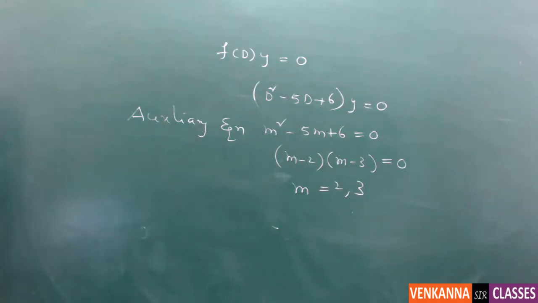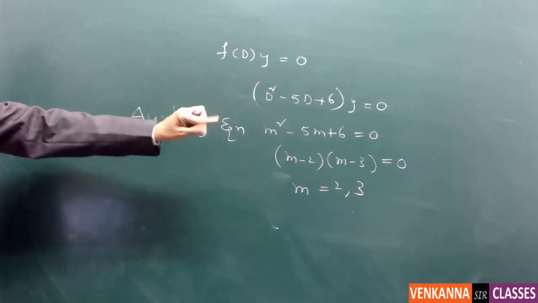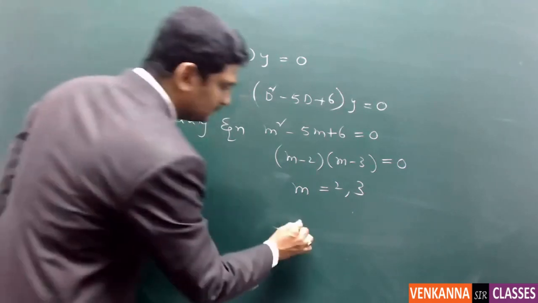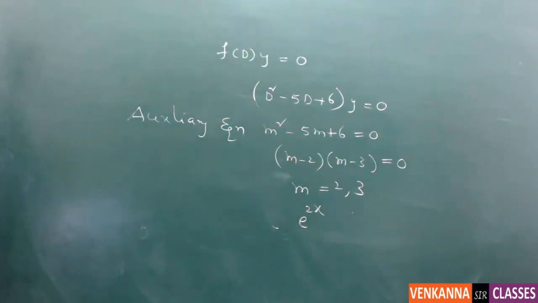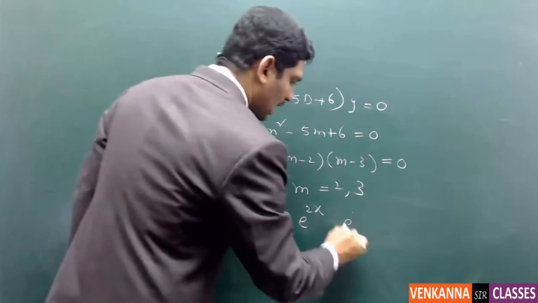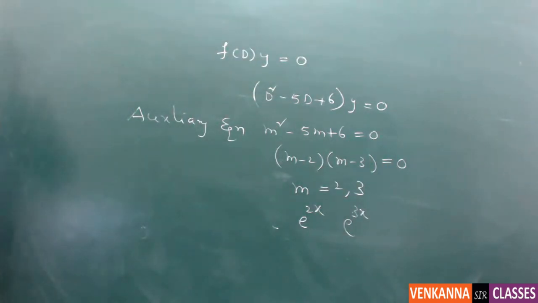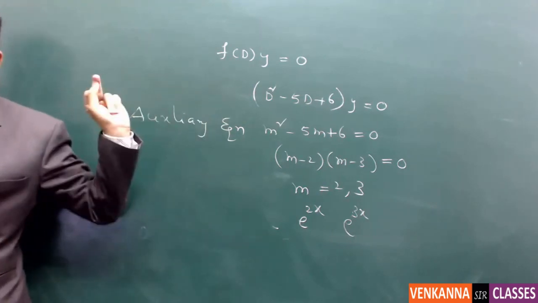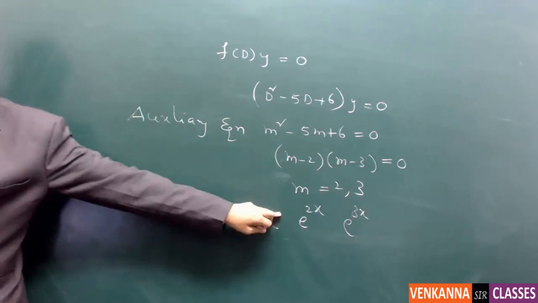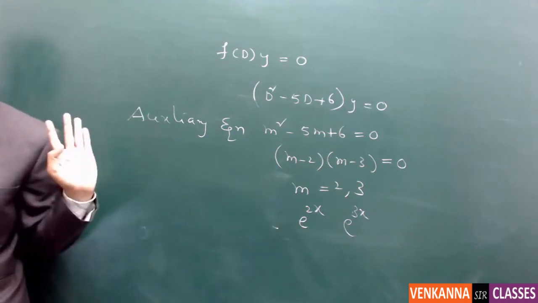Accepted? Now, after finding the roots, the corresponding solutions of the equation are e power 2x, which is one solution, and e power 3x, which is another solution. By a known result, whenever the given equation has solutions, the linear combination of them is also a solution.